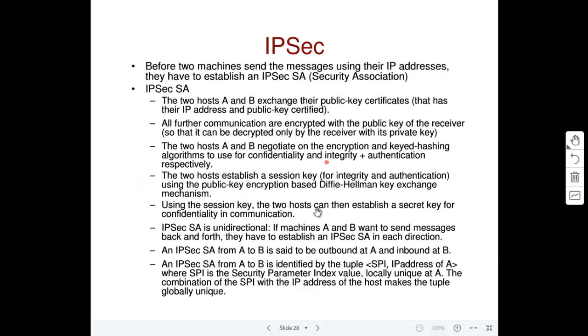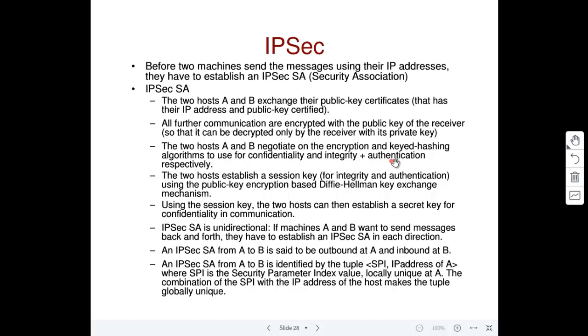As part of this security association establishment process, the two end hosts will also have to agree on the algorithms to use, because there are a lot of algorithms out there. The two sides will have to agree on what algorithm to use to provide confidentiality and what algorithm to use to provide integrity and authentication, because each side could be capable of using only some algorithms.